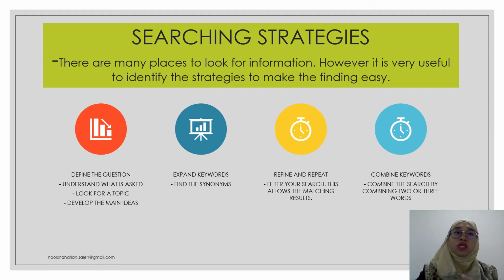There are going to be so many titles of articles that you're going to be exposed to. So you need to be specific, whether it is in reading, writing, listening, or speaking. Okay, and then you combine the keywords. Combining the keywords, you can apply the Boolean operators. So we're going to look into Boolean operators right after this.